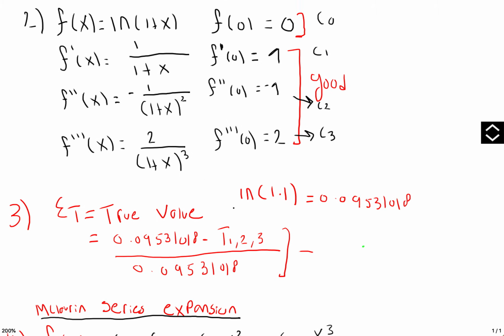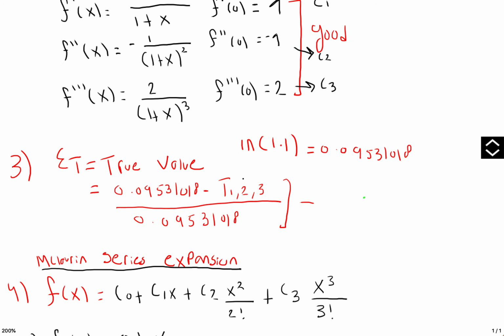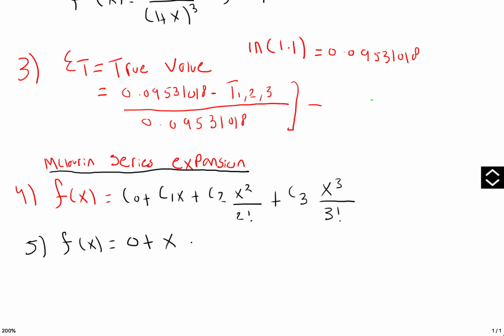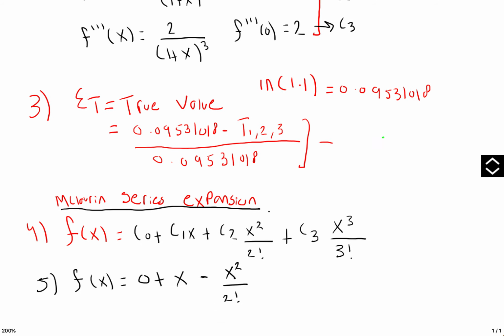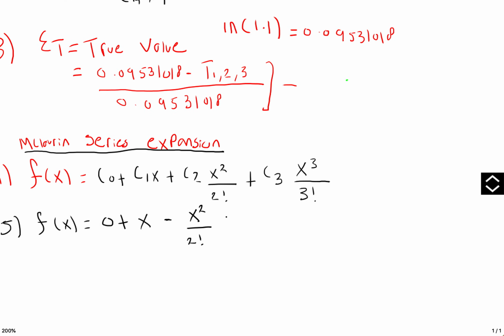And then for the second term we have negative 1, so just put negative x squared over 2. And then for C3 we have 2, so it's very straightforward: plus 2x cubed over 3.